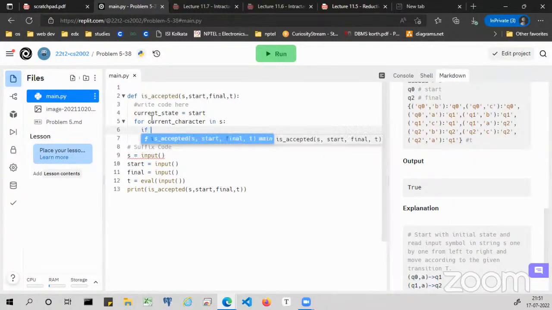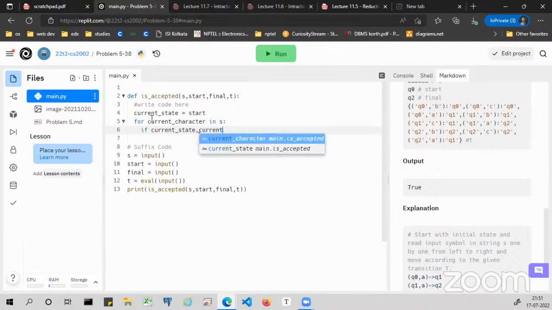Now if there is a configuration to reach a state starting from the current state, so current state comma current character, this is the format in which the T dictionary is given.